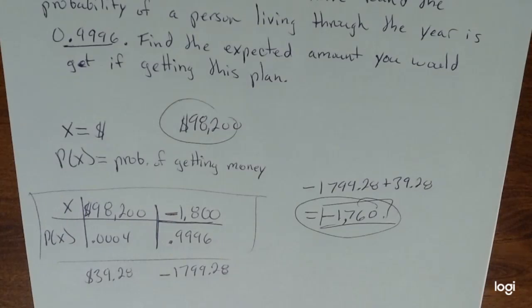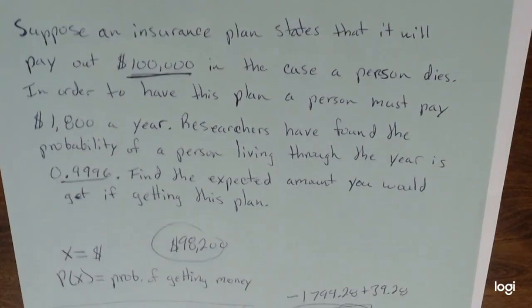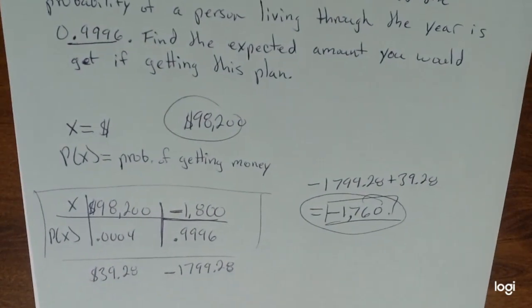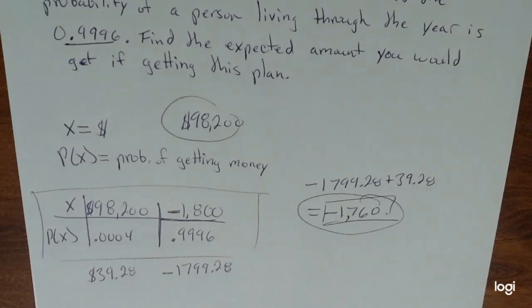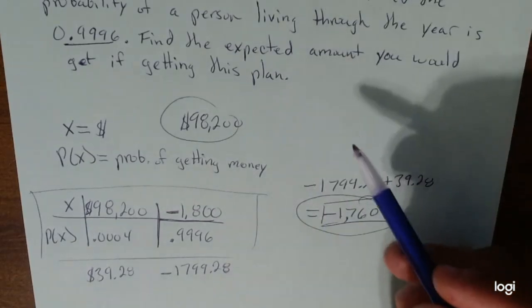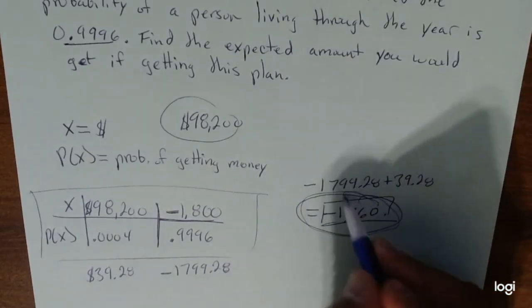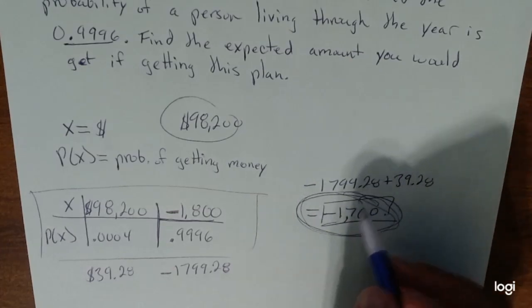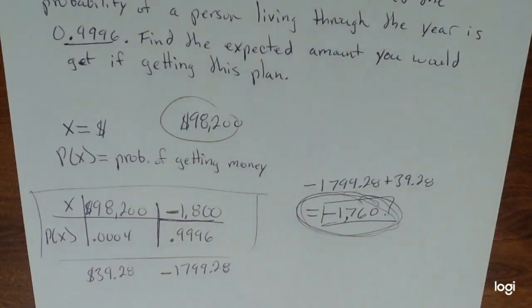This is how these companies do it: they find the probability of you living throughout a year, they do research about that, and they take the money based off that. So notice every year you have this insurance company, you're actually losing money. There will come a point where you will be getting more money than the $100,000 you actually give out.